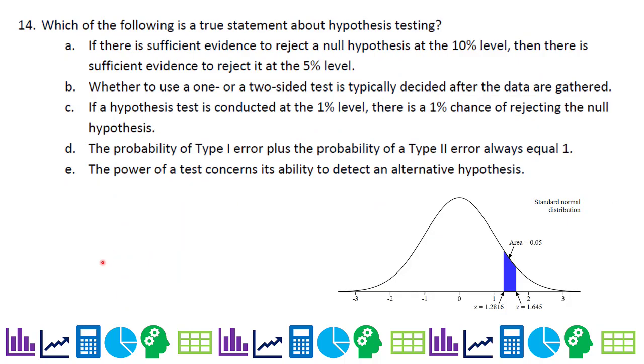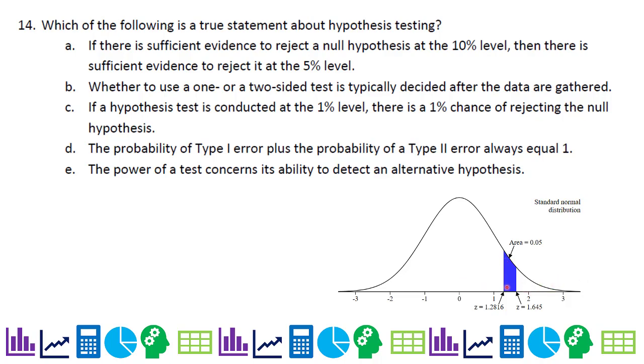Number 14, which of the following is a true statement about hypothesis testing? So I went ahead and added this drawing to help with A. If there's sufficient evidence to reject a null hypothesis at the 10% level, then there is sufficient evidence to reject it at the 5% level. So when we reject at 10%, we have a higher rejection area.